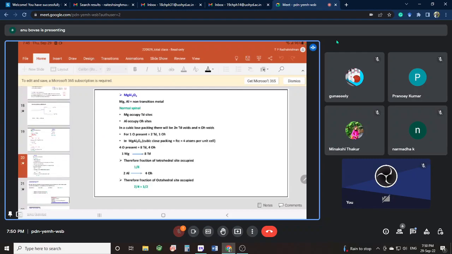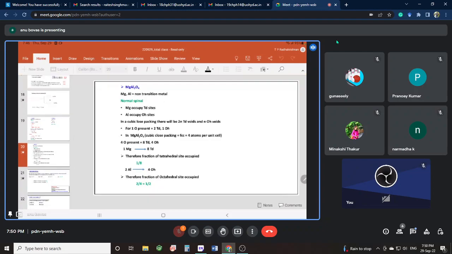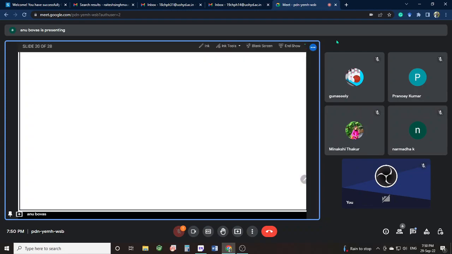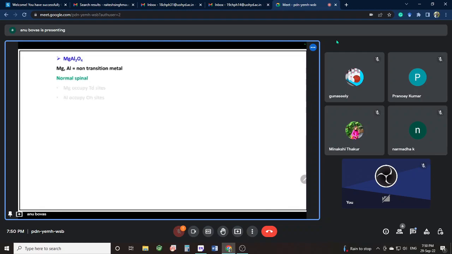So now if we check MgAl2O4, Mg and Al both are non-transition metals. When both are non-transition metals, we said the spinel will be a normal spinel.